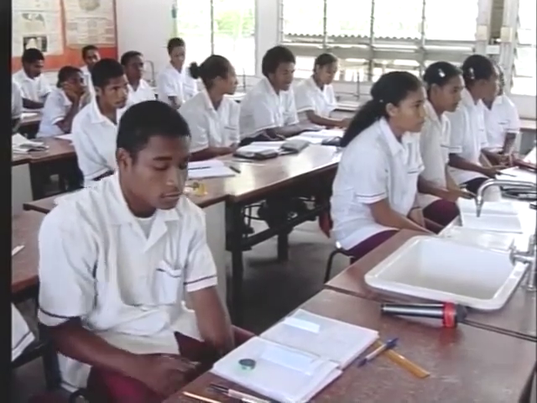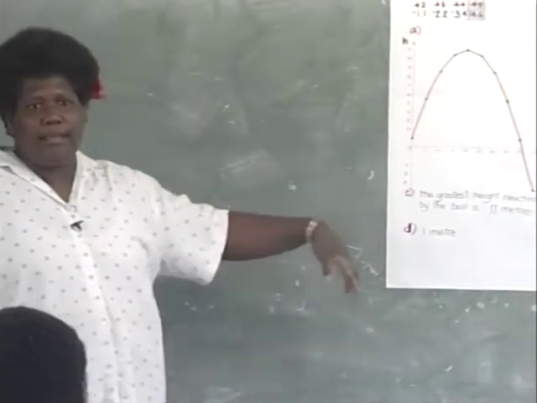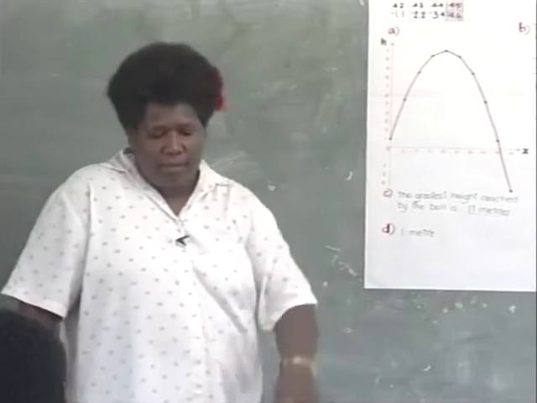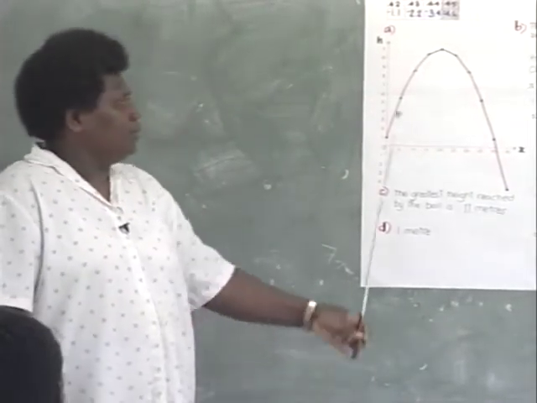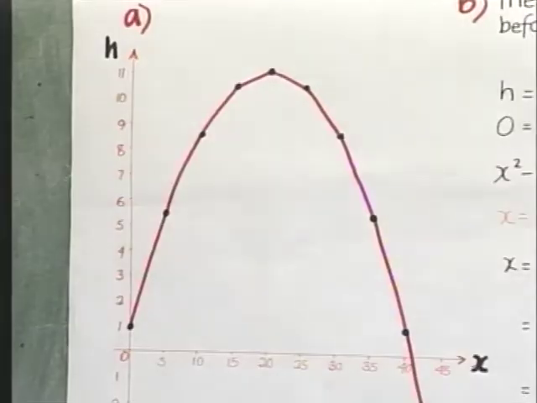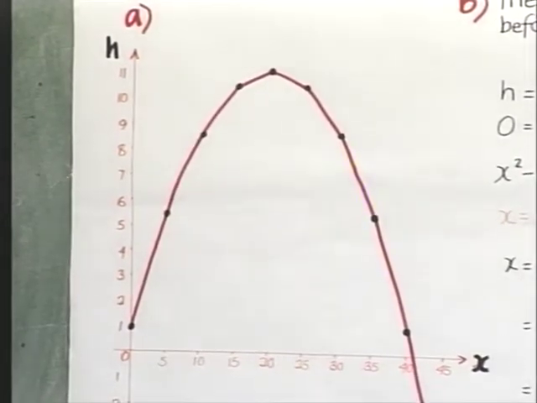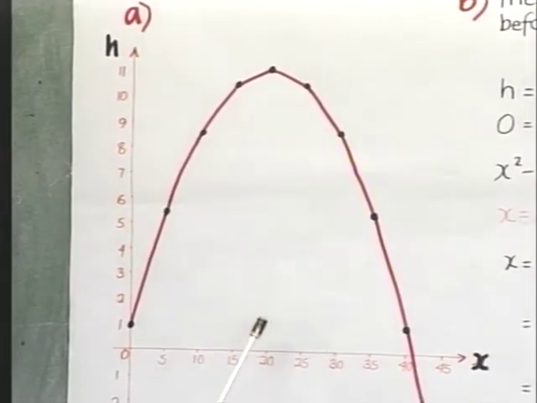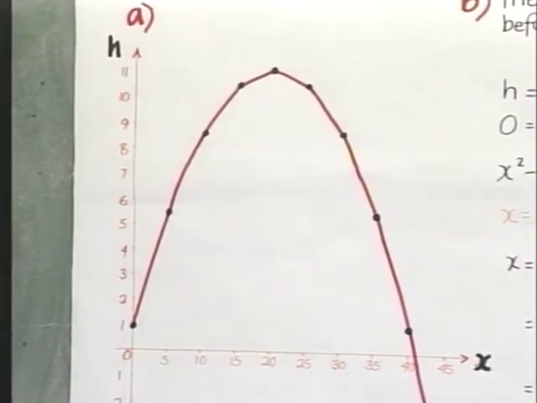This question is also given again in grade 12 in calculus. Like I said, you will have to use a different method, which is called differentiating, to work out the answers. We don't draw the graph, but what I'd like you to remember is the shape of the graph that you drew, especially the maximum height.